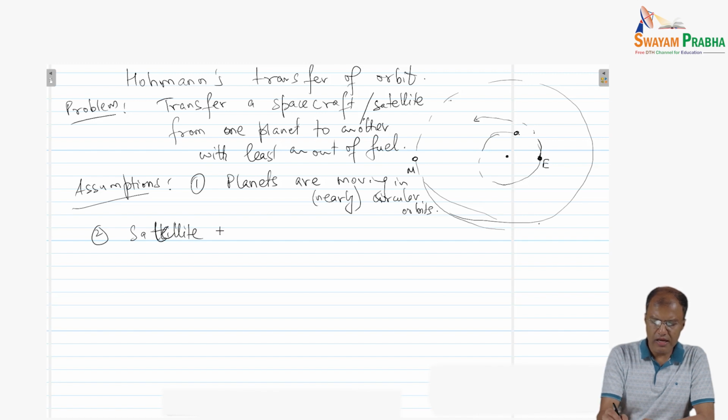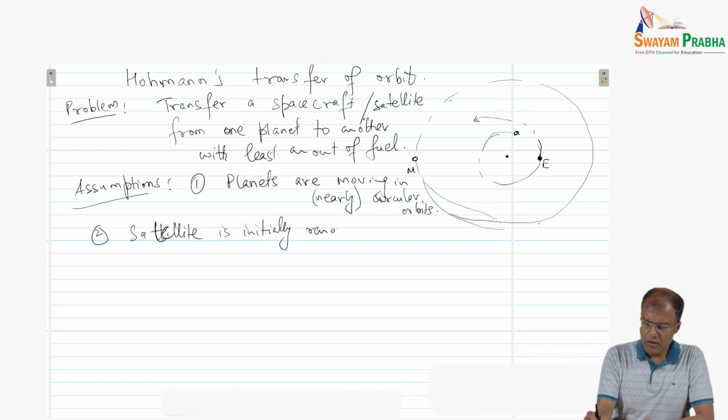And then the second assumption is the satellite is initially removed from the gravity.